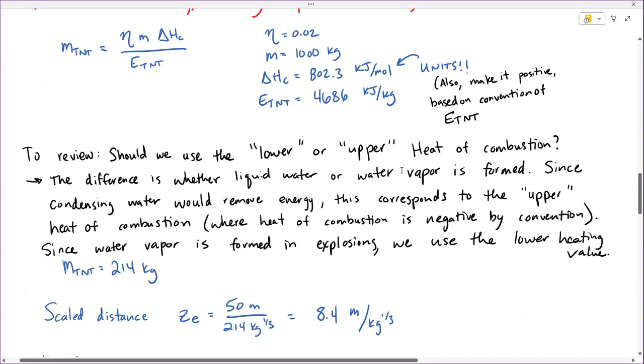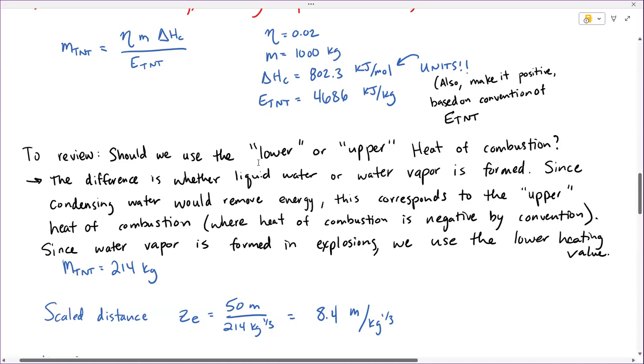So in any combustion reaction, you're going to produce carbon dioxide and water. Is that water going to be in the liquid phase or in the vapor phase? For combustions, oftentimes we're going to be forming water vapor. So what this means is that it takes energy to vaporize the water, and therefore that's why it's lower.